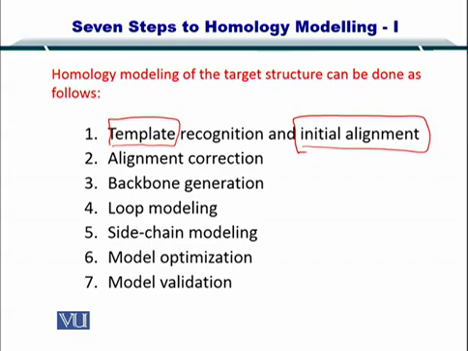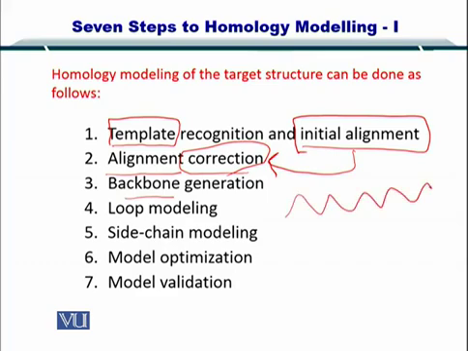And if the alignment is performed, then you may need a slight bit of correction in the alignment by optimizing the gap penalties and mismatches. Once you have formalized the alignment, next you create the backbone of the protein. So you need to create the backbone by looking at the alignment.